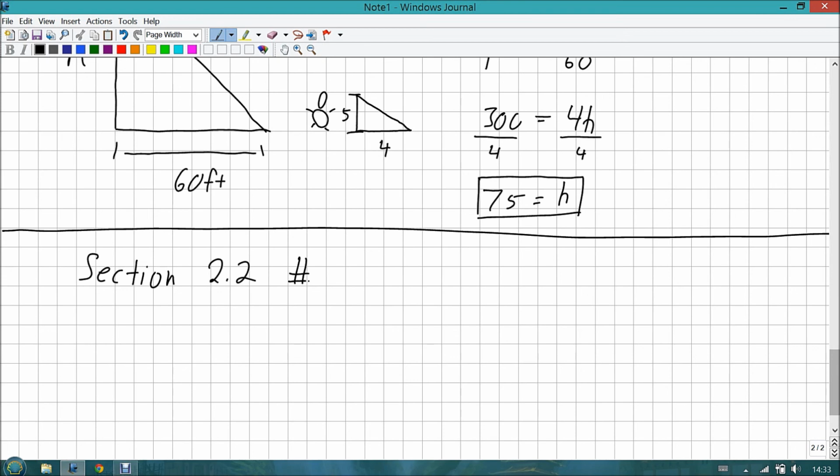Let's do 3 through 9 odd. And then 11, 13, 15, 17, 21, 23, 29, which is super easy, and then 33, and I think that might be all of them, 38.